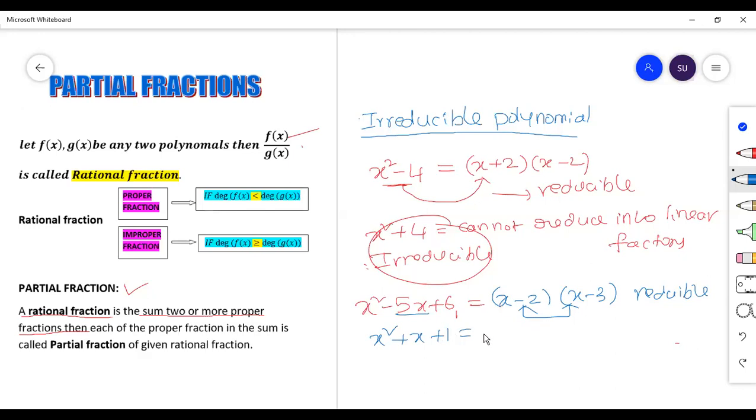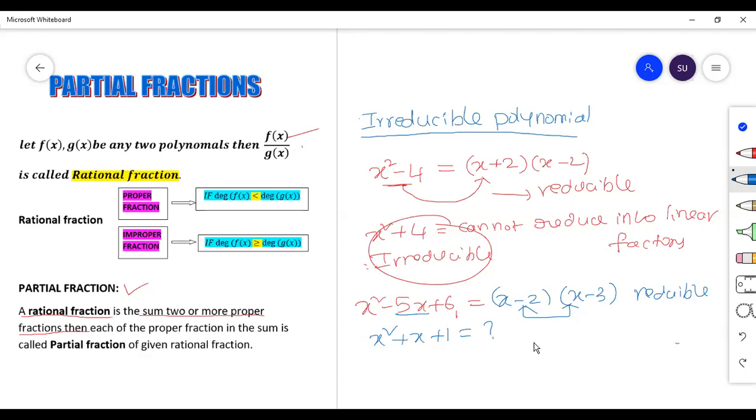Then the question is, we may not know whether we can factorize or not. Sometimes we may get confused about factorizing. Then how do we check whether it is irreducible or not? You may find factors, but sometimes we may not find them exactly.